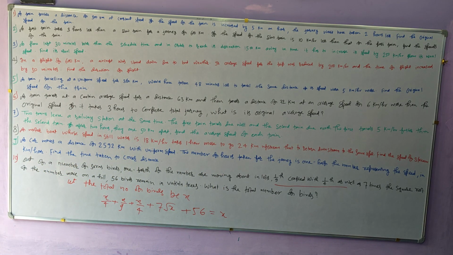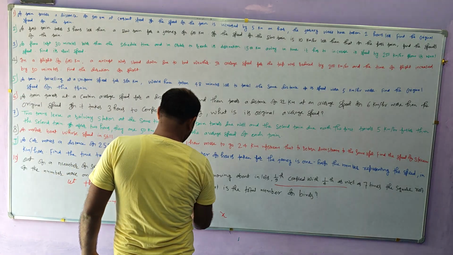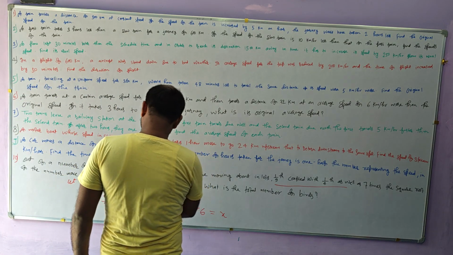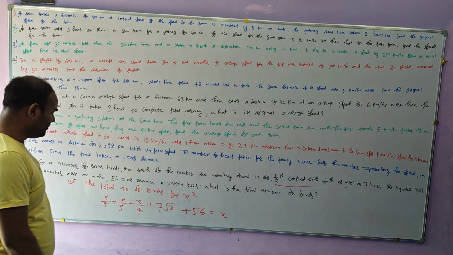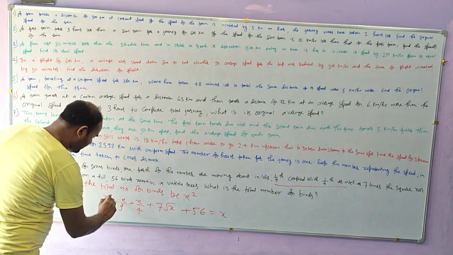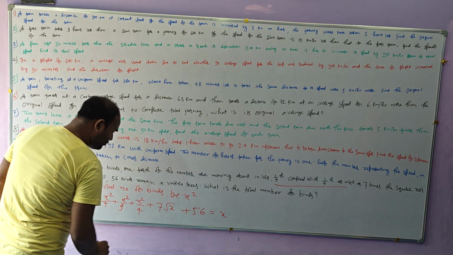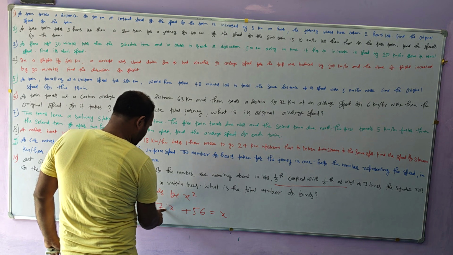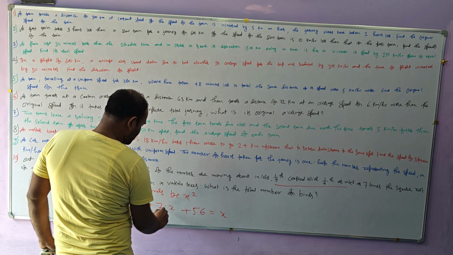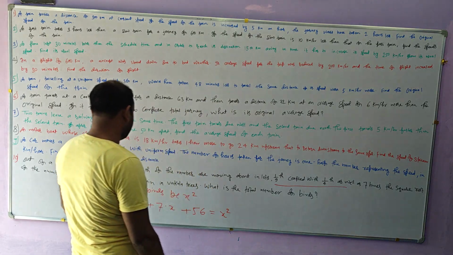And now we need to solve it. To solve this easily, let the total number of birds be x squared. That means x squared upon 4, x squared upon 9, x squared upon 4, and the square and root cancel, so that becomes 7x, and 56 becomes x squared.